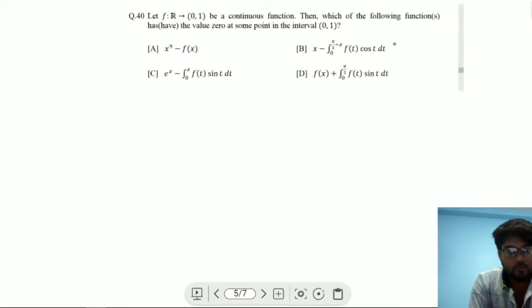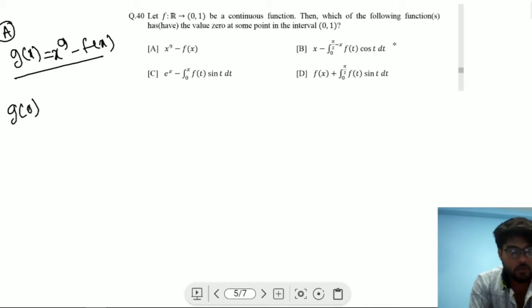Now for the first one, for option A, we'll take g(x) equals x to the power 9 minus f(x). If that is so, we will calculate g(0), so 0 to the power 9 minus f(0).